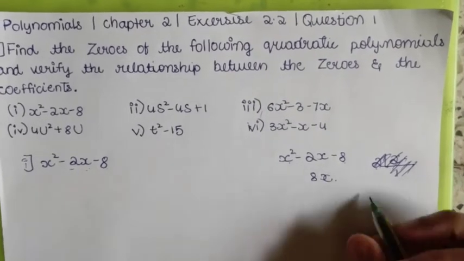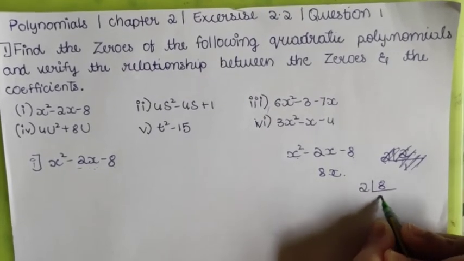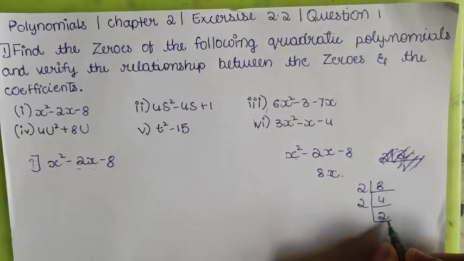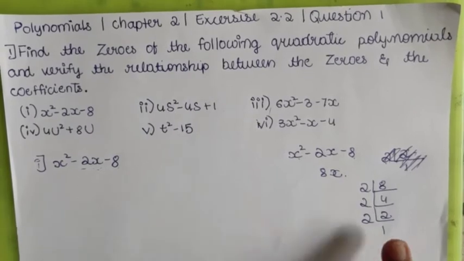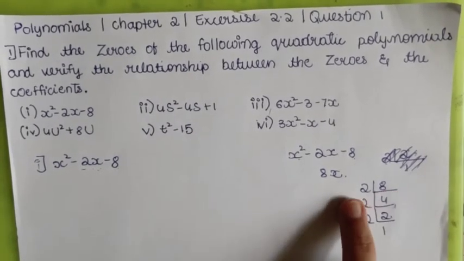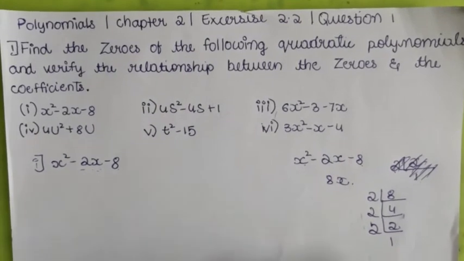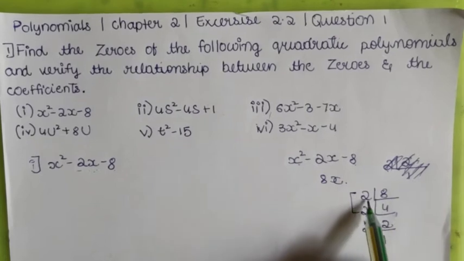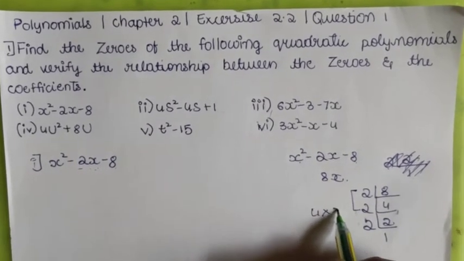Now let's take the LCM of 8: 8, 2, 4, 2, 2, 2 and 1. You can see that 8 can be written as 2 into 2 into 2. I'll take it as one part, so 8 can be written as 4 into 2.